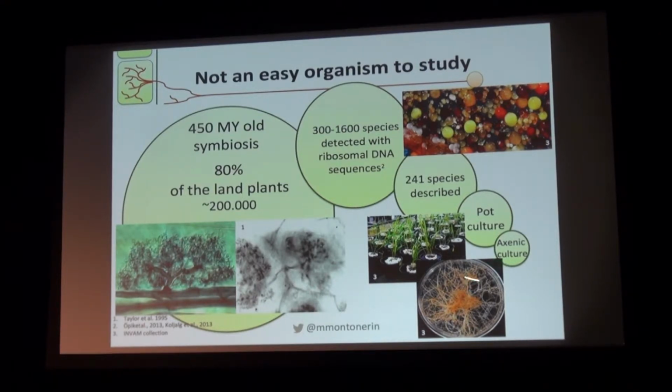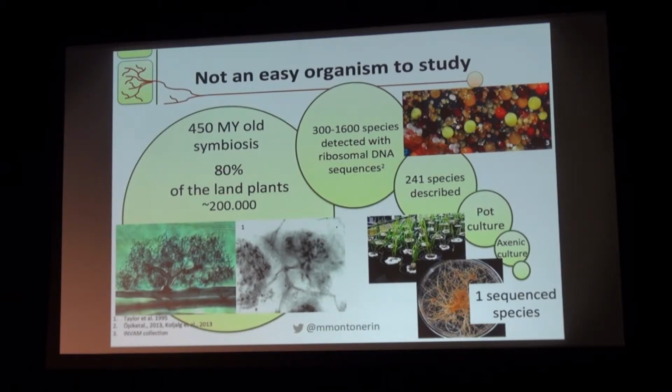We can also use axenic cultures, where we grow them in a plate, but you again need the plant, and the number of species that you can grow is even more reduced. All this leads to us having only one sequence for published species.